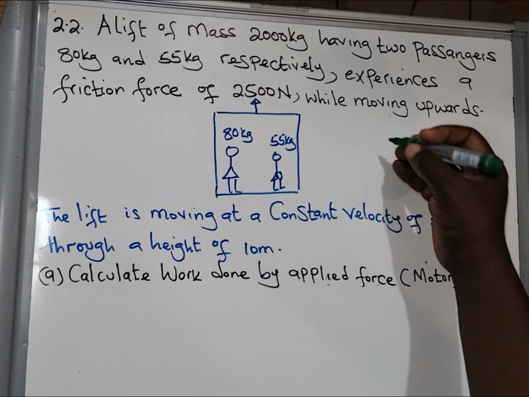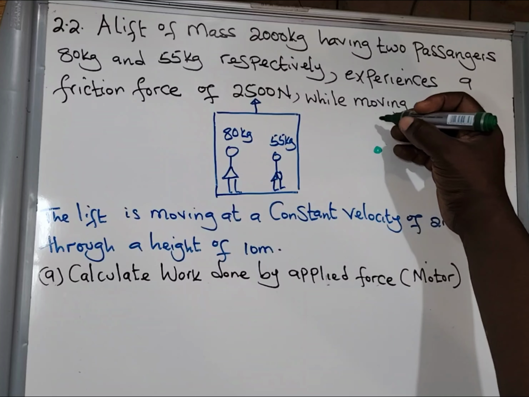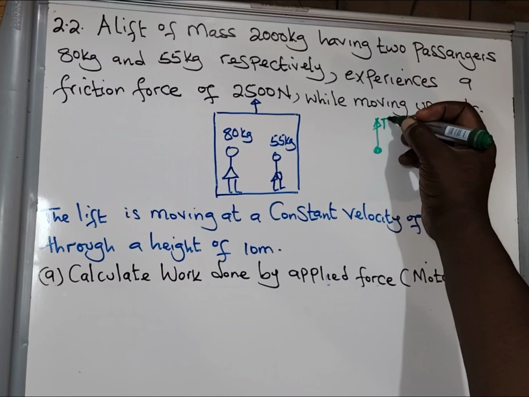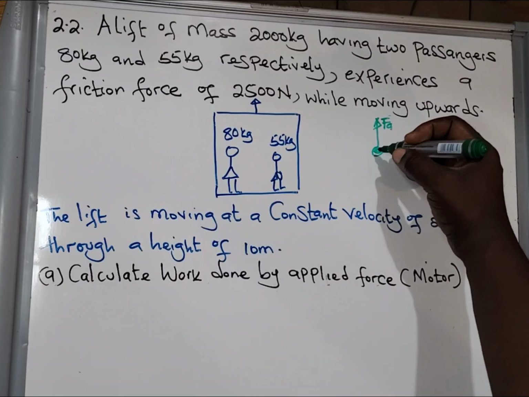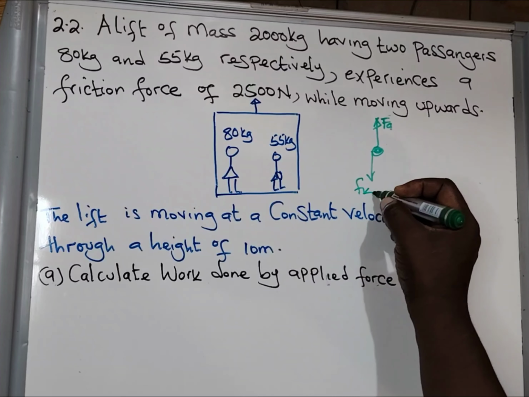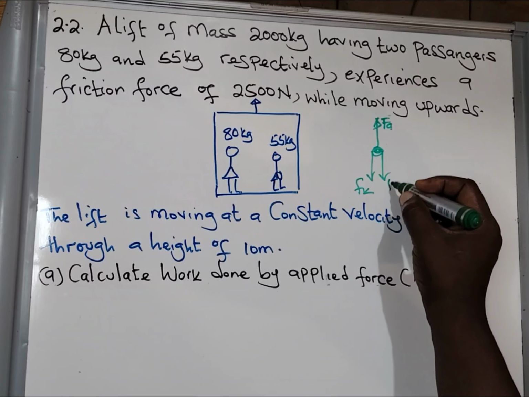The best approach is to have the free body diagram. What do we have on the free body diagram? We have the applied force, which is Fa. We also have a friction force and the gravitational force.